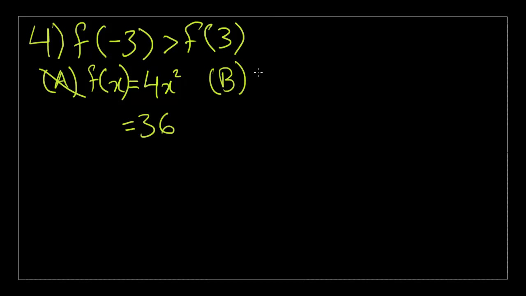Choice B is f of x is equal to 4. So in either function, they will be equal to each other since you're not even using the numbers in the first place. F of negative 3 will be equal to 4. F of 3 will also be equal to 4. So that's not the correct answer. I was about to say f of c.